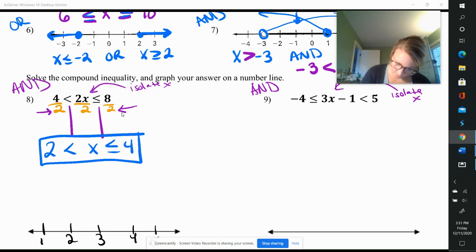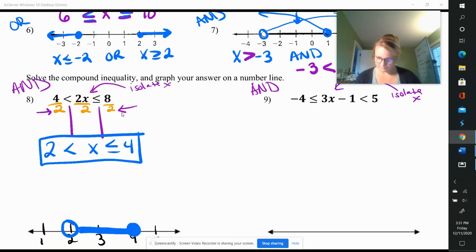So graph the two endpoints, open at 2, closed at 4. It's an and, so it's shaded in between. X is less than or equal to 4 and greater than 2. And those values here are all the values that are both less than or equal to 4 and greater than 2.